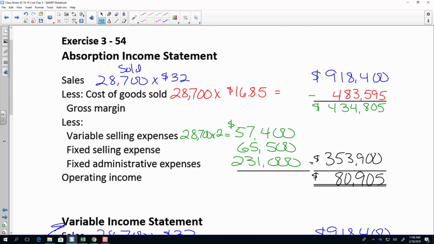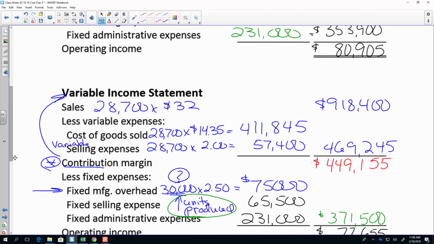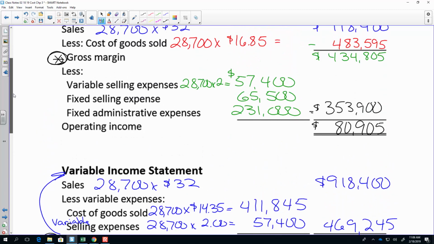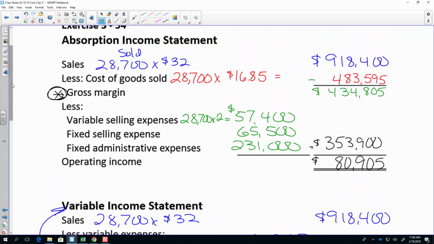Watch the subtotal, right? Gross margin versus contribution margin. You'll be doing this on your See Now problems, right? Also know where that fixed cost is. Where is my fixed manufacturing overhead cost on the absorption statement? Where is it?